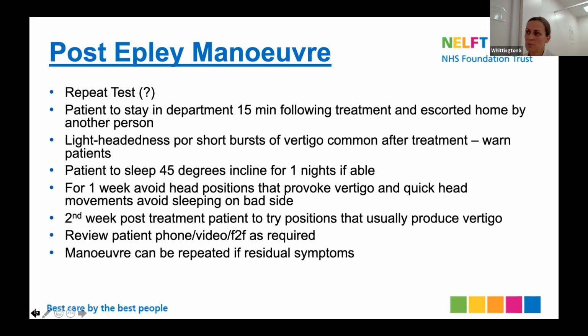So if you do this maneuver, keep your patient in the department for another 15-20 minutes just to make sure they're okay, because they can feel quite lightheaded afterwards. It is not uncommon to get some short bursts of vertigo after that treatment for a couple of days, so make your patients aware.